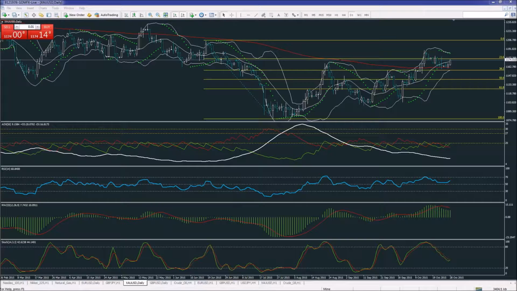This is where the imbalance comes from. Major economies are driving the gold market down because they're much more reluctant to buy gold as a reserve.